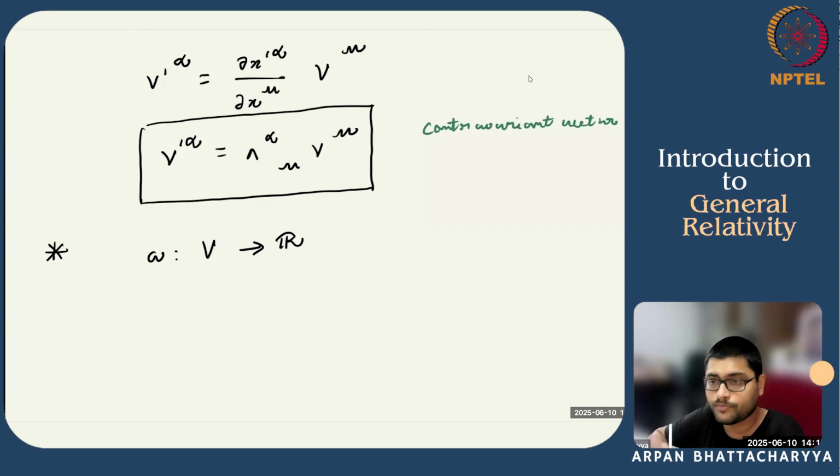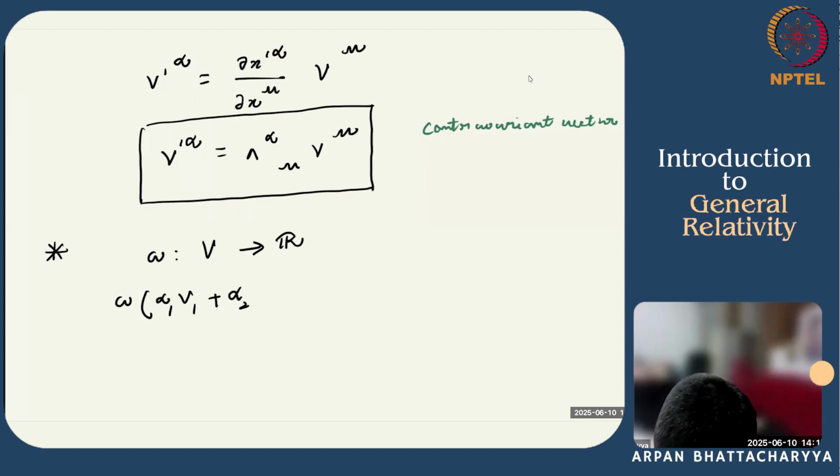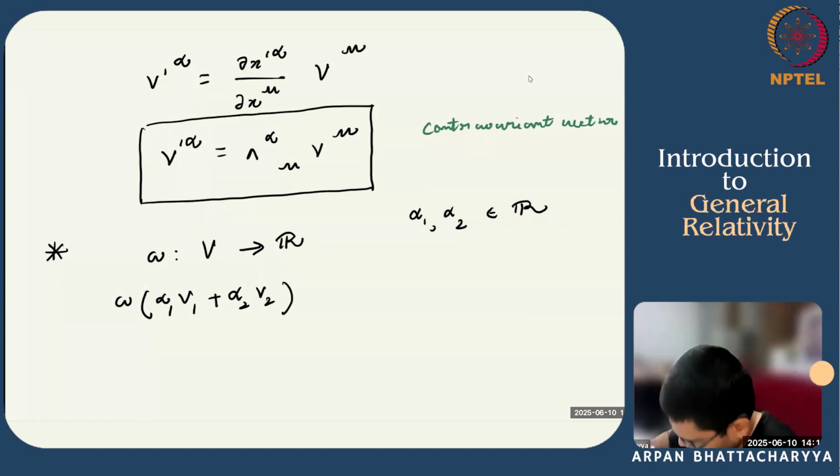And this map we also demand to be a linear map, that is, for a linear combination of two vectors alpha 1 v1 and alpha 2 v2, where both alpha 1 and alpha 2 are some real numbers, this will give the following.